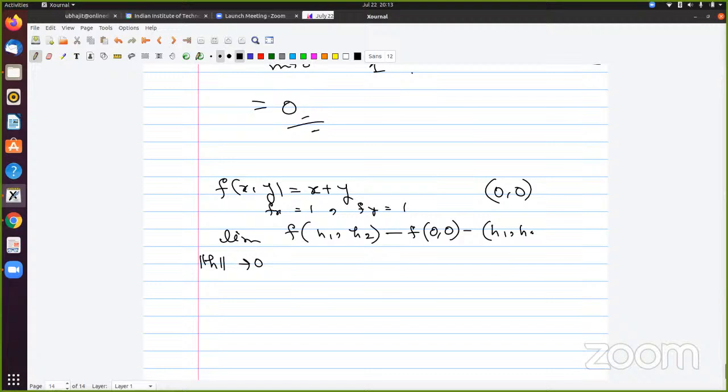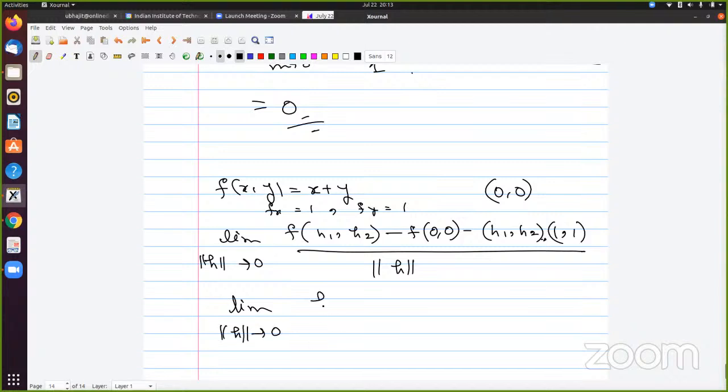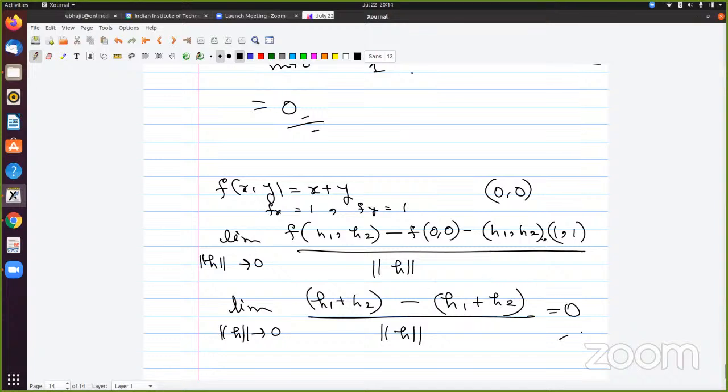So h1, h2 dot 1, 1, over norm of h. So this is h1 plus h2 minus 0 minus, if you take the dot product, h1 plus h2, over norm of h. So the numerator is becoming 0, so the limit will be 0 anyway. So this function is differentiable. It is easy to check. Correct? Any doubt at this point?